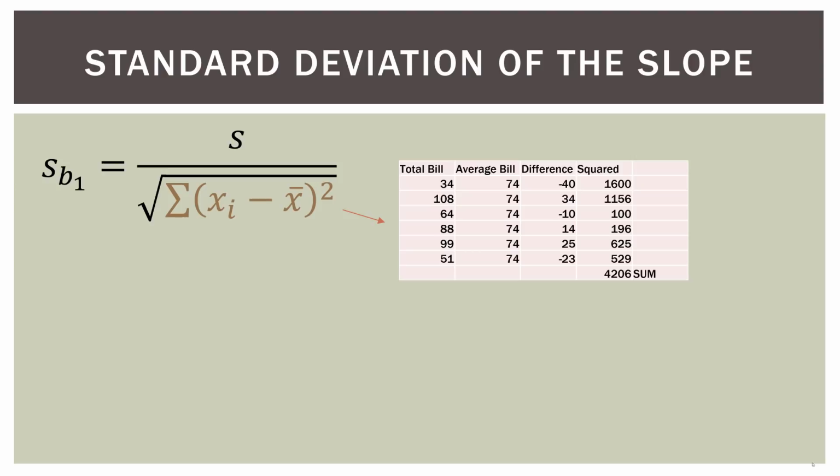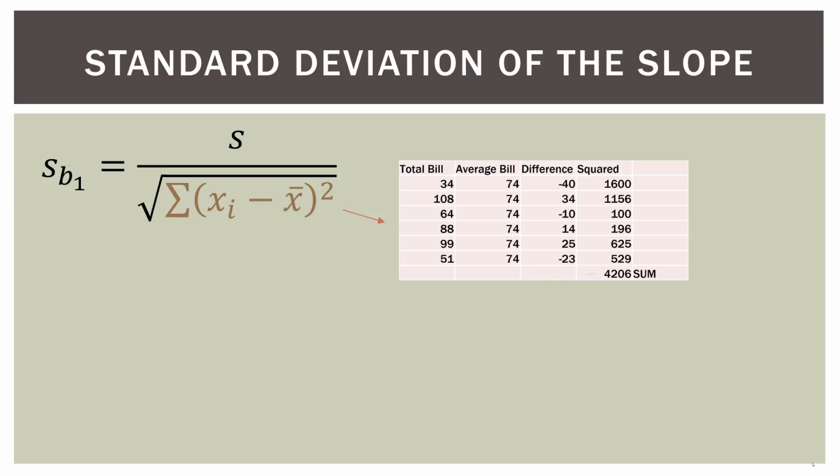Using our tips data from before, we can see that the bill, which is the x value, the first column, that's x sub i. The average bill was $74. That's x bar over here on the left. We find the difference, that's the subtraction sign. We square the difference, and then we get the sum. So that's everything under the square root sign. That's how you would figure that out.